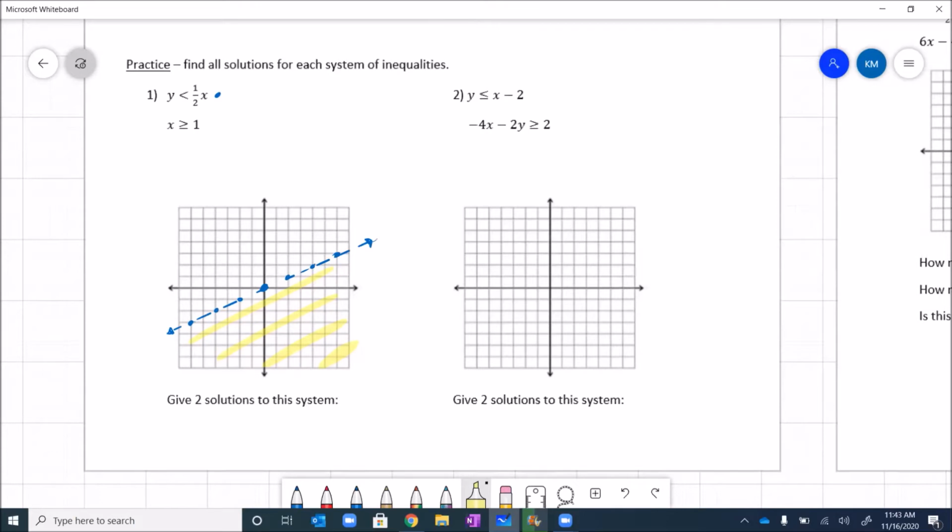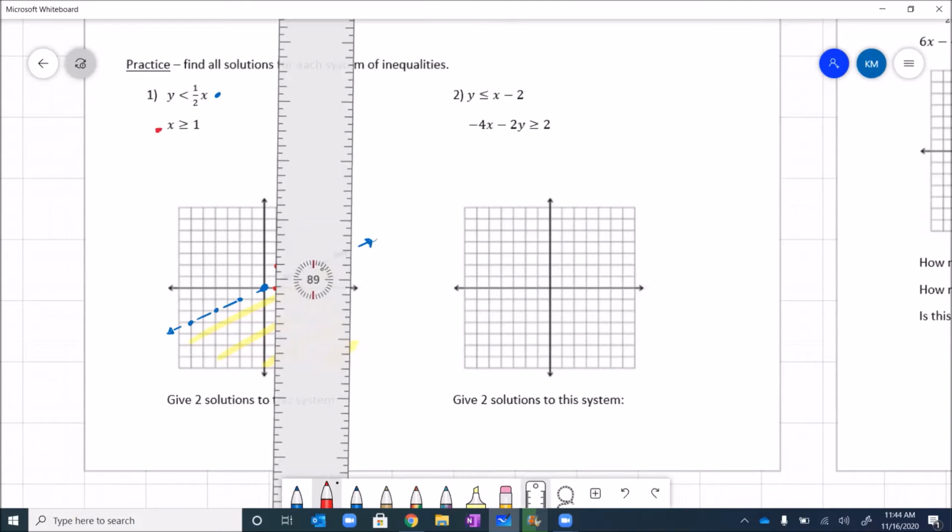And so now as I deal with the second line, I have x is greater than or equal to 1. Okay, this is that x equals kind of line, right? And so that's a vertical line at 1, places where x is 1, right, up down here. And it's or equal to, so it should be a solid line.